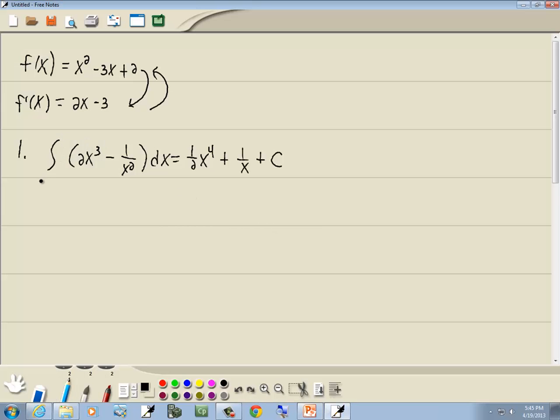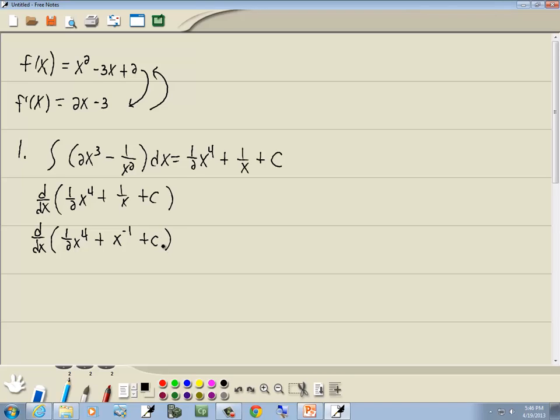Now this is the integration symbol, and then this dx tells it with respect to what. So we take an integral with respect to x. Well, let's take the derivative of the right side. So the derivative of 1/2 x to the fourth plus 1 over x plus c becomes the derivative of 1/2 x to the fourth, and I'm going to rewrite the 1 over x as x to the negative 1 power, plus c.